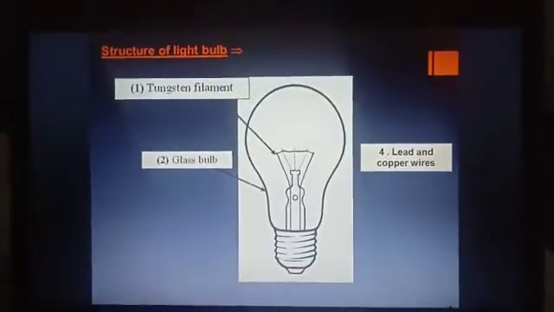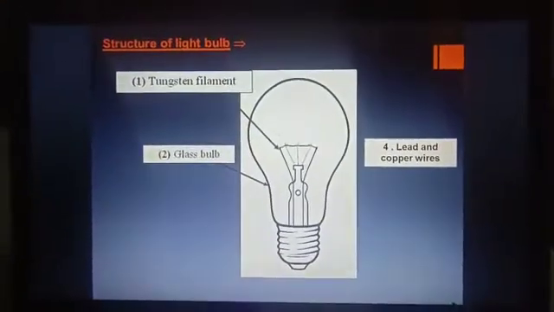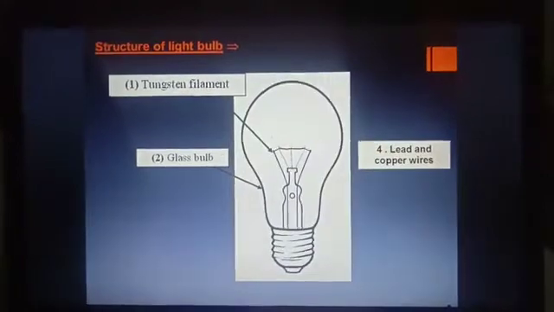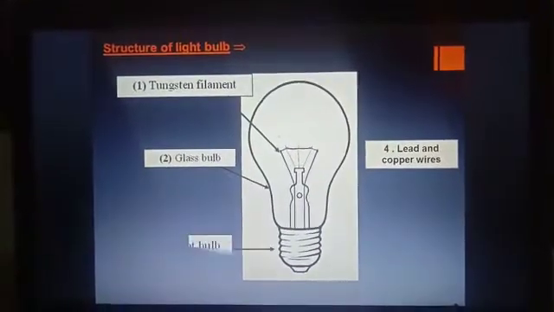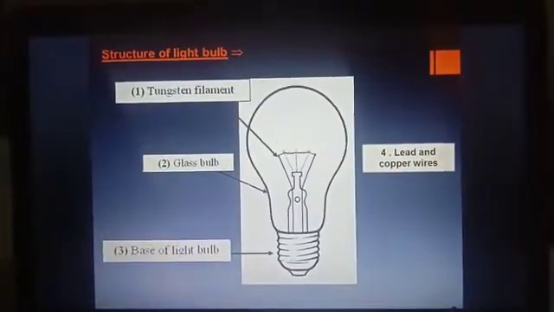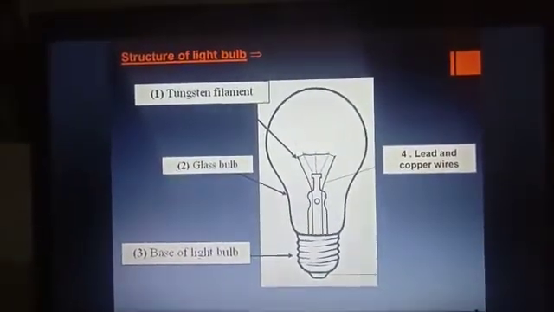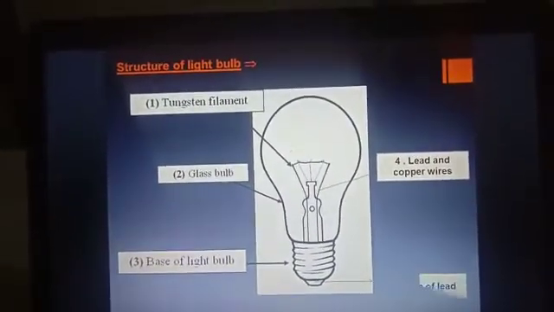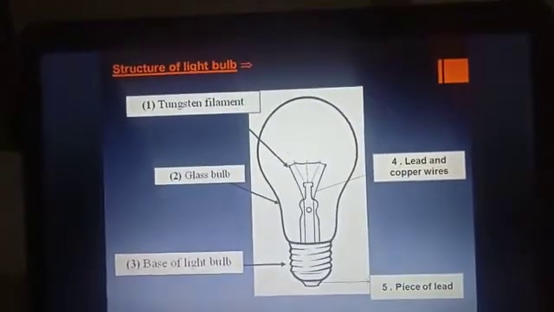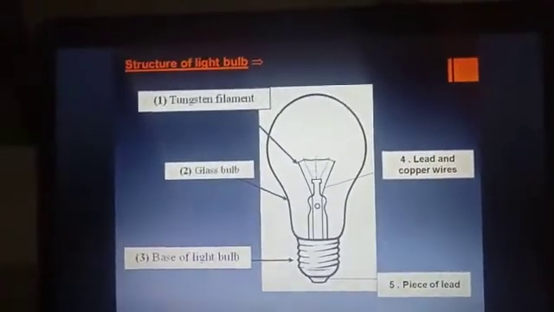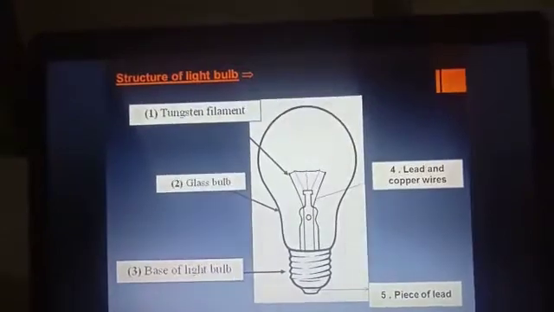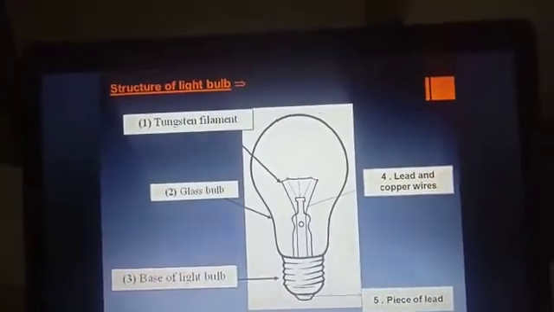I will explain each one later. Second, the glass bulb. Third, base of light bulb. Fourth, lead and copper wires. And fifth, piece of lead. Let's start with number 1, tungsten filament.